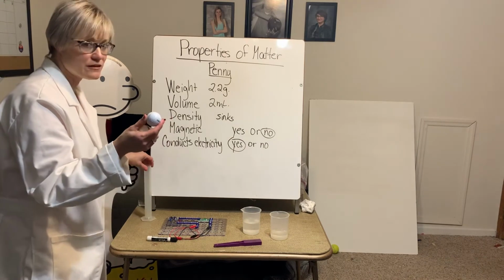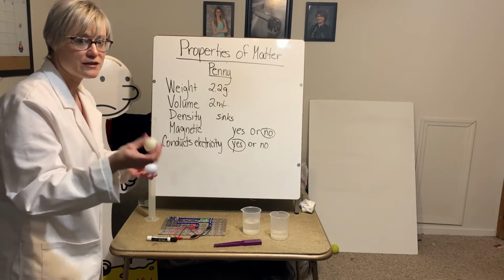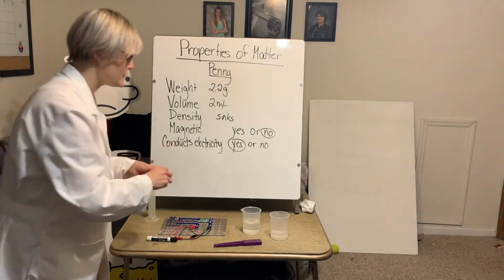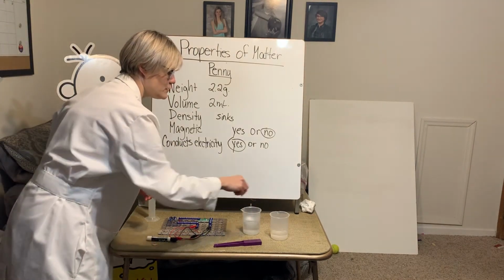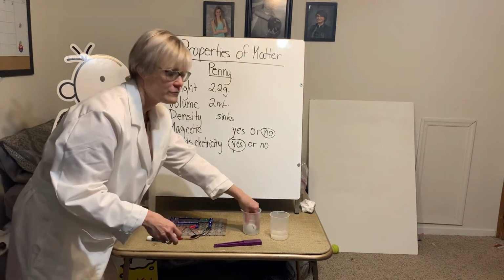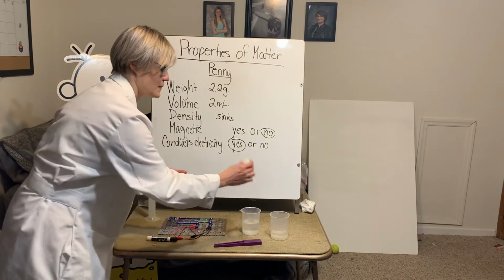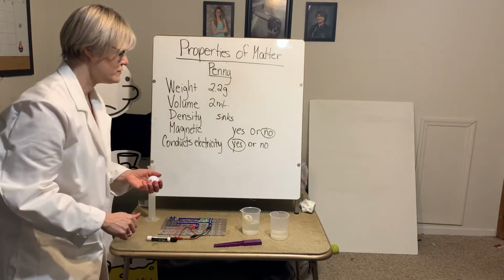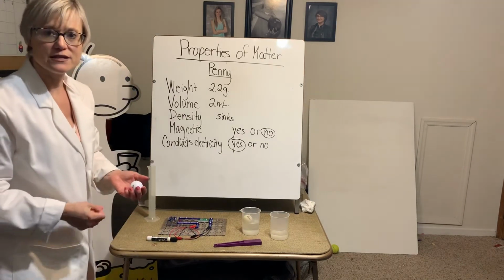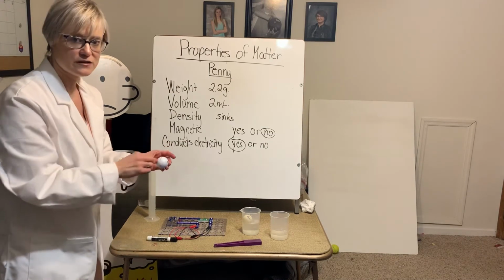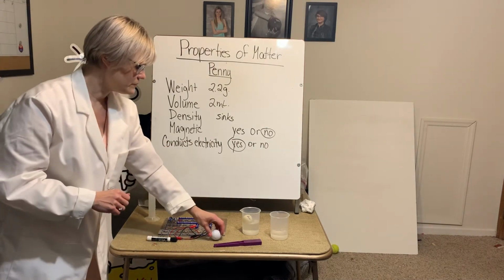So I'm thinking that the golf ball is going to sink and the ping pong ball is going to float. You can try this at home. All right, I've got my golf ball, a sinker, and my ping pong ball floats. So that's another way I can tell that the density is different of these two objects.